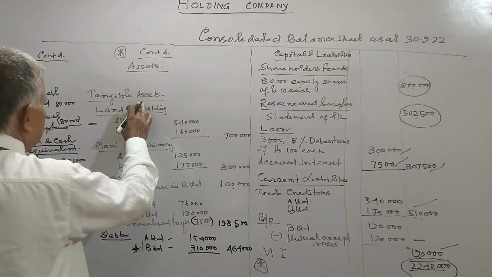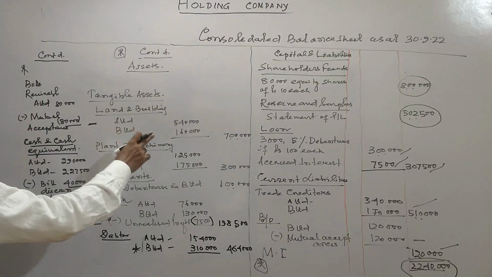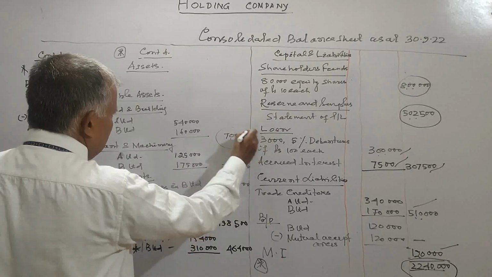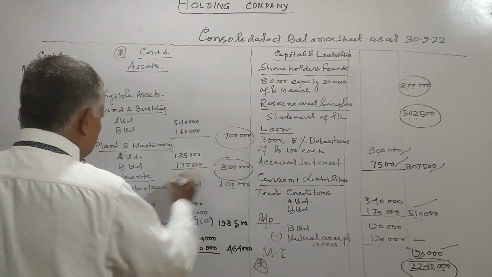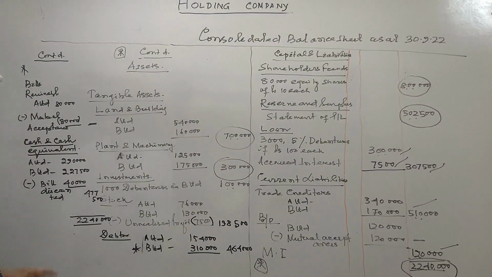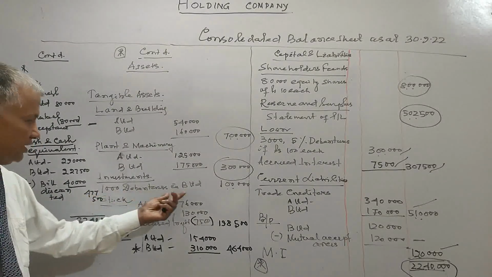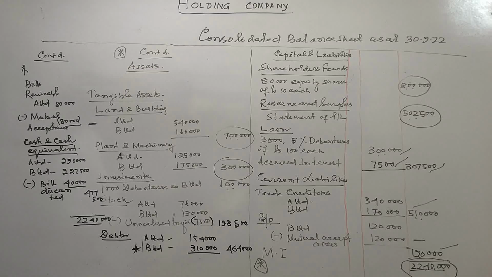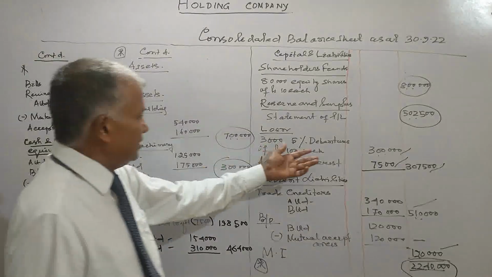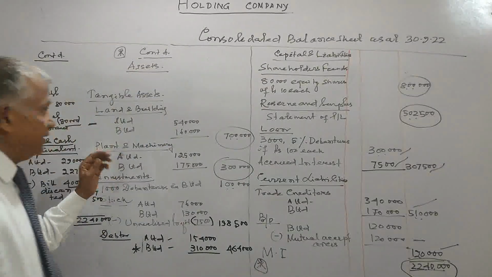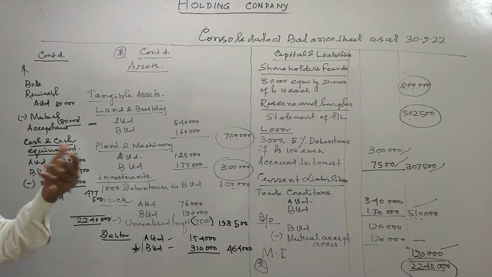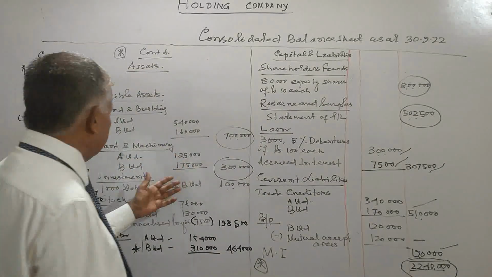Let us continue with the assets below the liabilities. Tangible assets: land and building 7 lakhs, plant and machinery 3 lakhs, and investment in 1,000 debentures of B Limited. There are 3,000 debentures, 3 lakh, and A Limited invested 1 lakh in 1,000 debentures of B Limited.